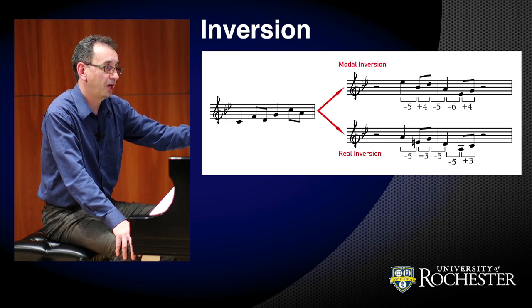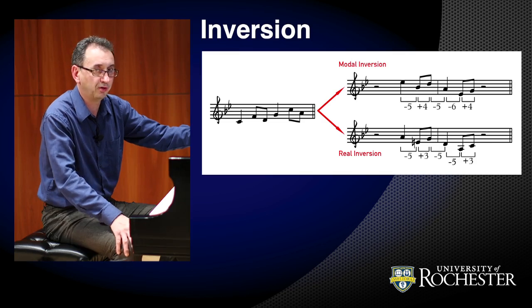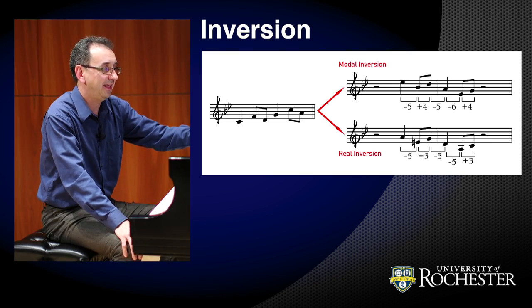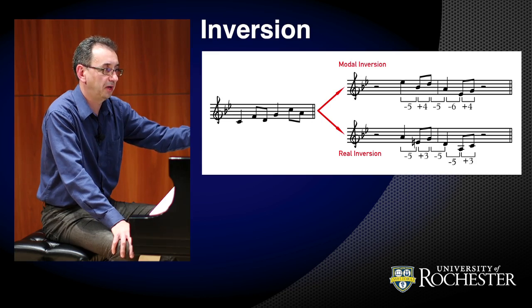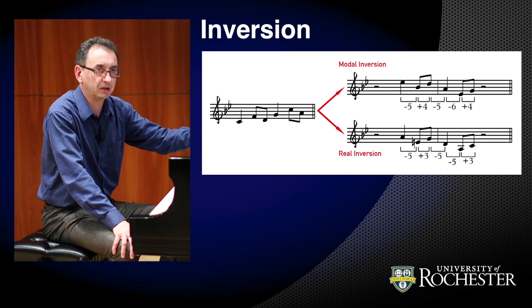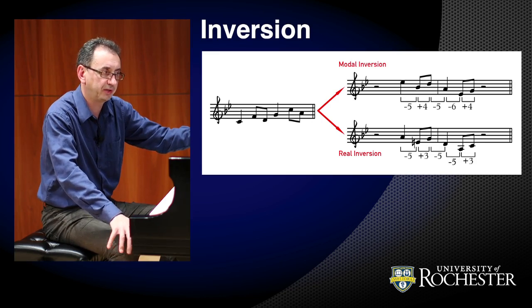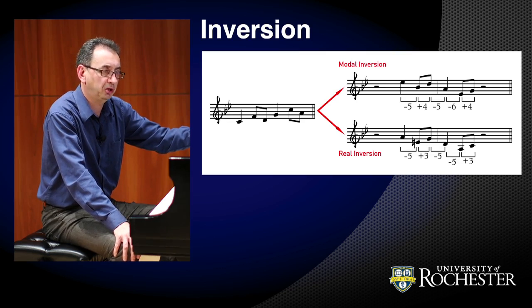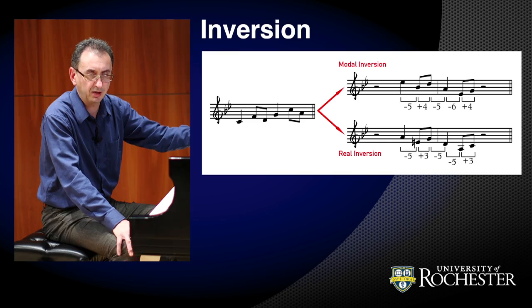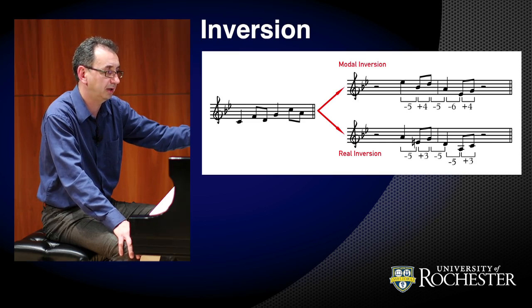Real inversion preserves the exact intervallic content of the original motive in inversion, and as a result, chromatic pitches will likely occur in the transformed form of that motive. Tonal inversion preserves the tonal modal context in which the original motive is situated. So as a result, we will encounter minor intervallic adjustments to preserve the underlying modality or tonality.